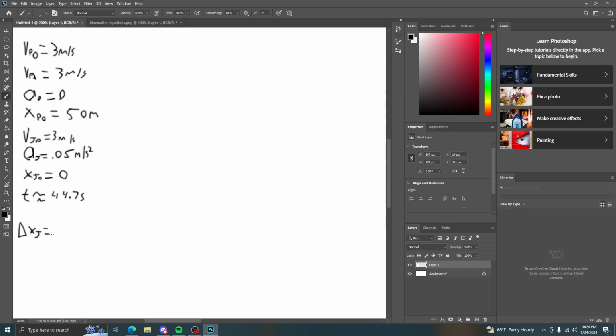It's just gonna equal x final for Jacob minus Jacob's x initial, and then we have to solve for x final. So x final for Jacob is gonna be his initial position, which is 0, so we're not gonna write it, times v initial times t, which is 44.7 seconds.